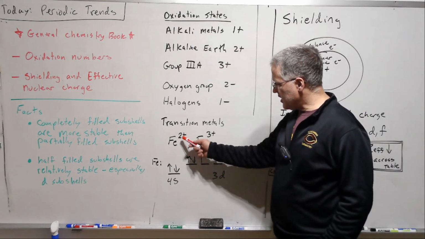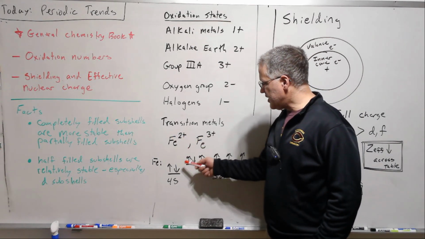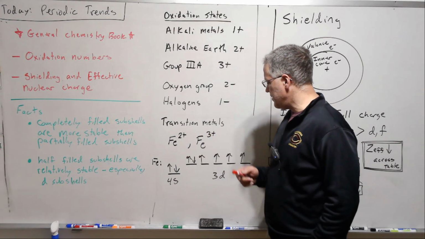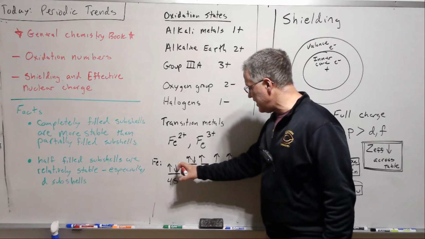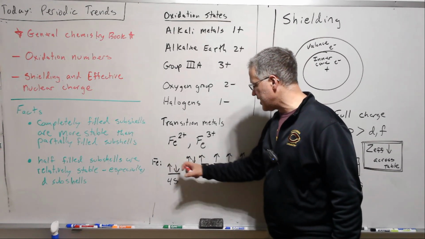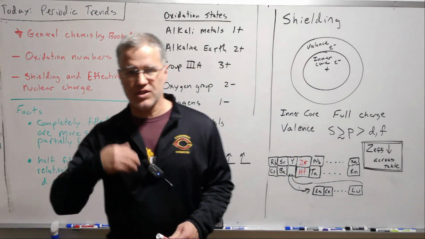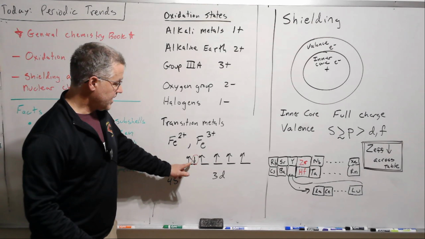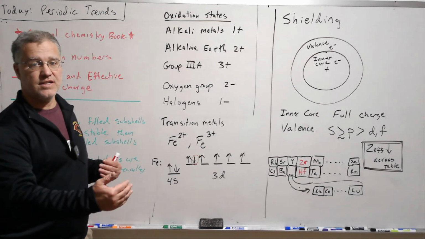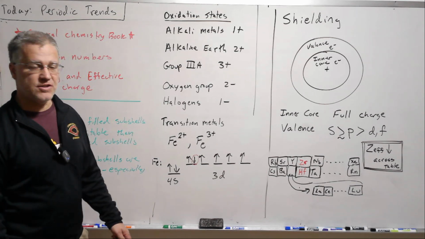Now, let's look at the case of iron. Iron will certainly have a +2. Now, its most stable state is a +3 charge. What's happening here is it's losing these 4s electrons, and then it's also losing this 6th electron, which is causing some spin pairing energy to happen here, getting us to a relatively stable, anyway, not very stable, but relatively stable half-filled d shell.